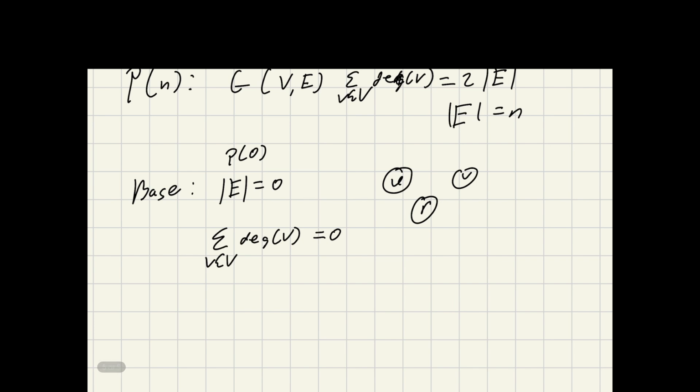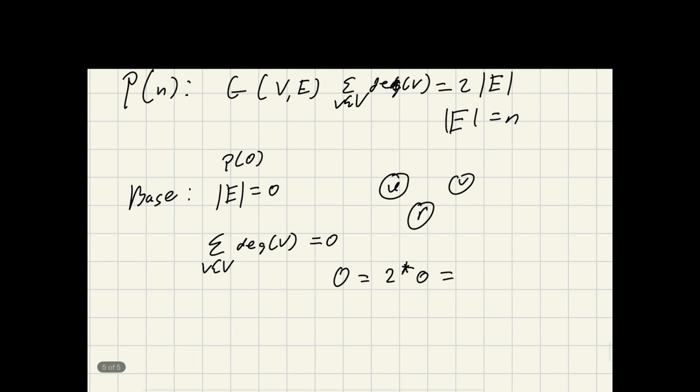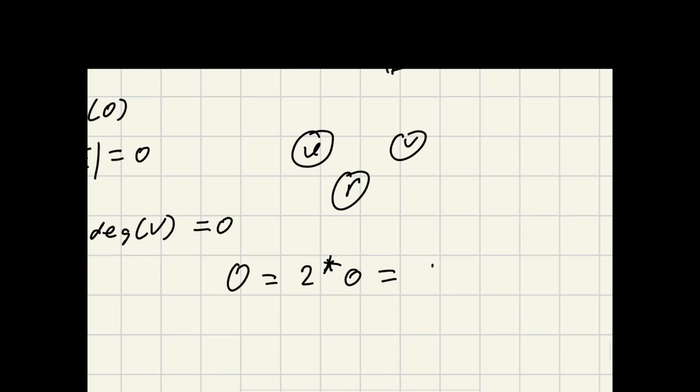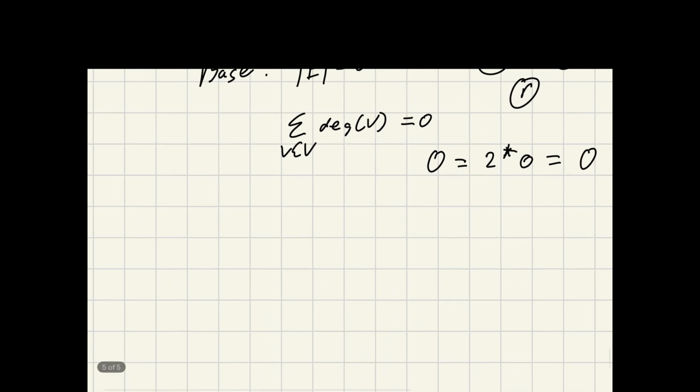If there are 0 edges, then nobody has a degree. So we can safely say that 0 is equal to 2 times 0, where 0 is edges, and we're just directly copying from this here, and that will give us 0, and this is true. So the base case is done.